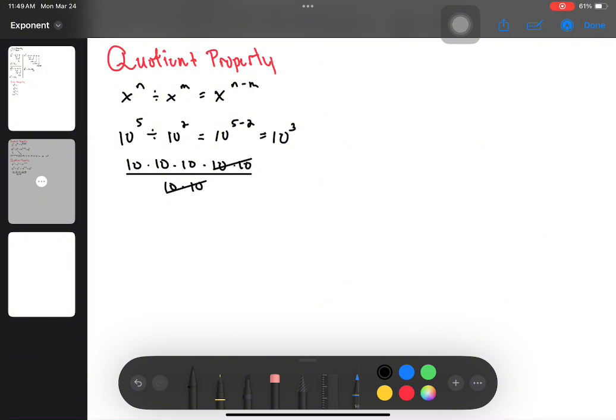So we can cancel out 2 of those from the numerator, leaving us with only 3 tens multiplied by each other, which is 10 times 10 times 10, or if expressed in exponent form, it's going to be 10 raised to the 3rd power.